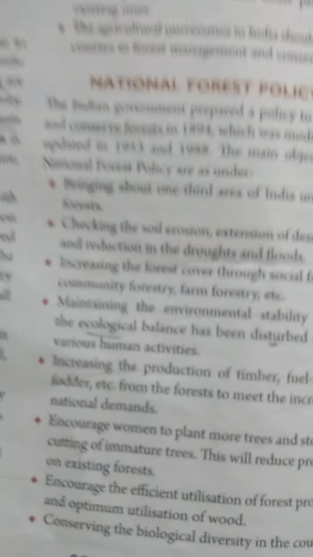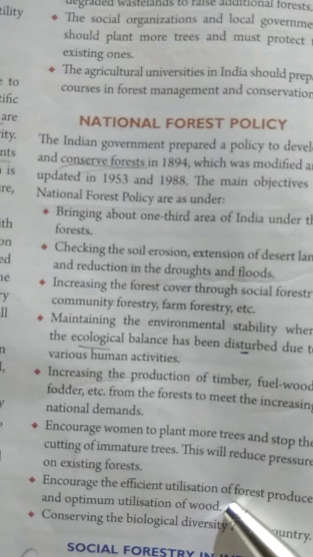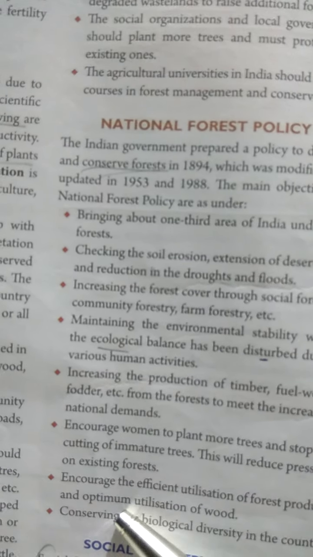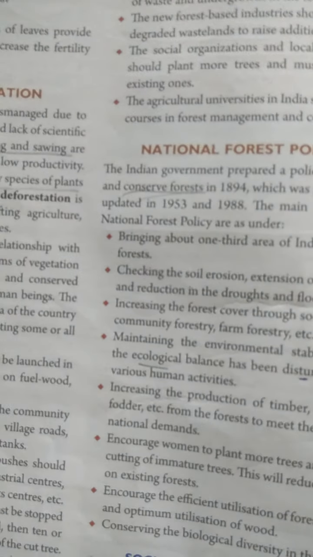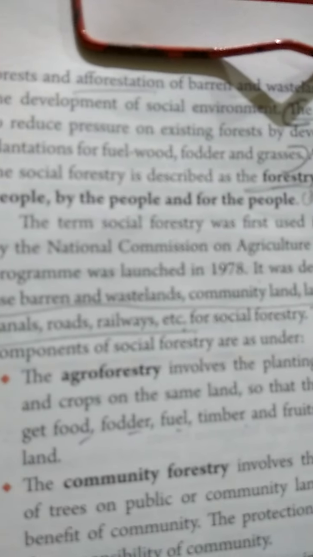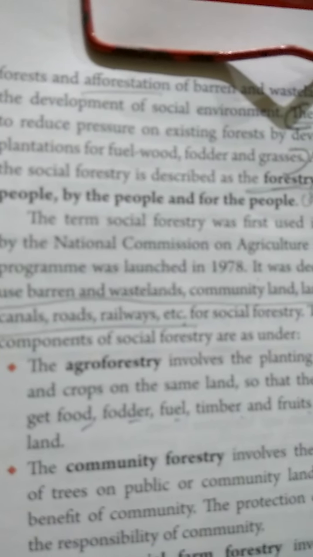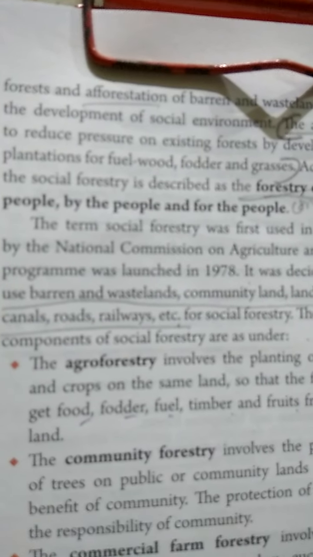Encourage women to plant more trees, encourage efficient utilization of forest produce and optimum utilization of wood. Then there is social forestry, whose main aim is the protection and afforestation of barren land, by the people, for the people and of the people.